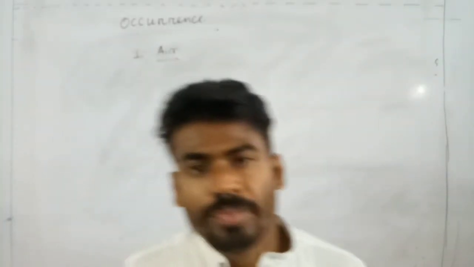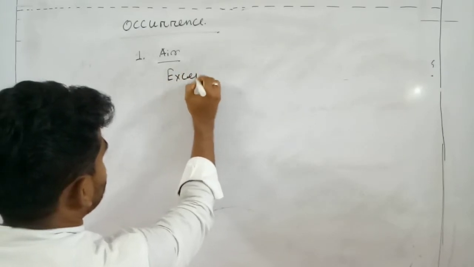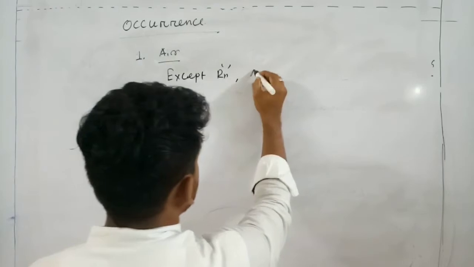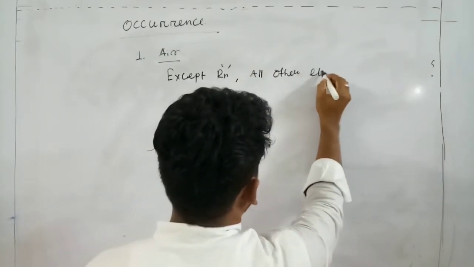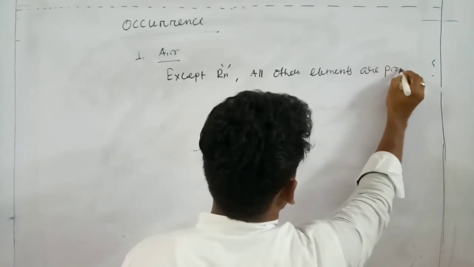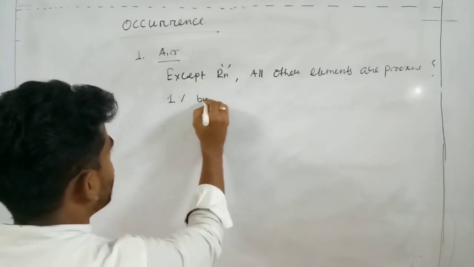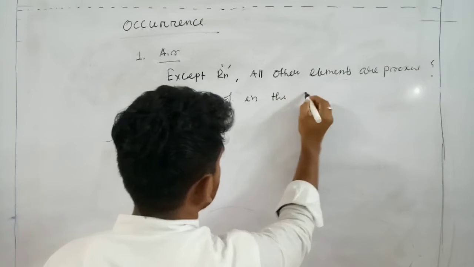In air, except radon, all other elements are present, about 1% by volume in the atmosphere.